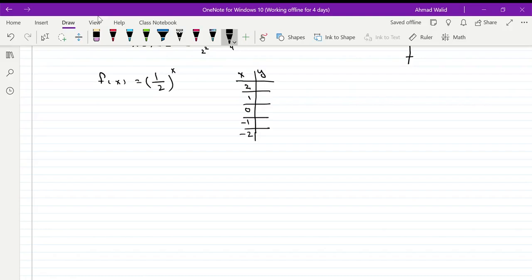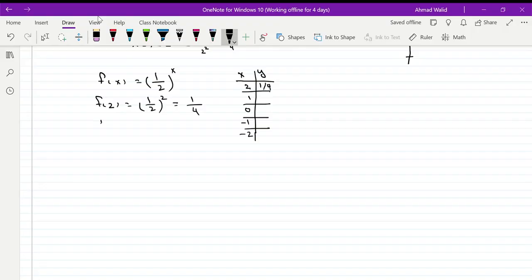If I plug in 2, if I look for the f of 2 equals 1/2 to the power of 2. And you know, when you raise a fraction to a power, you have to raise the numerator and denominator to that power. 1 square is 1, 2 square is what? 4. It means y becomes 1/4.